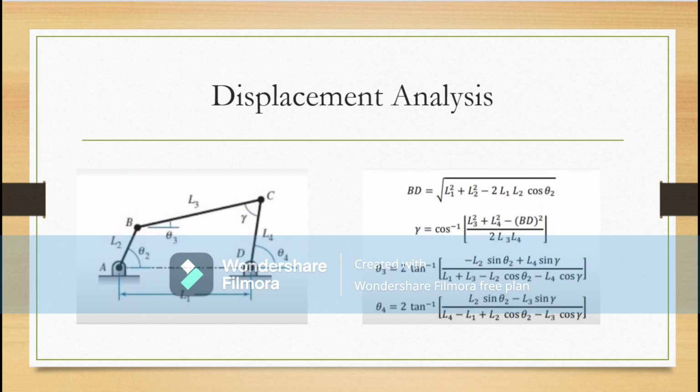In this context, displacement analysis would involve determining the position of the 4 links at any given time based on the initial position and the motion of the rocker. This can be complex due to the interdependence between the links, but it is a crucial part of understanding the operation of the mechanism.